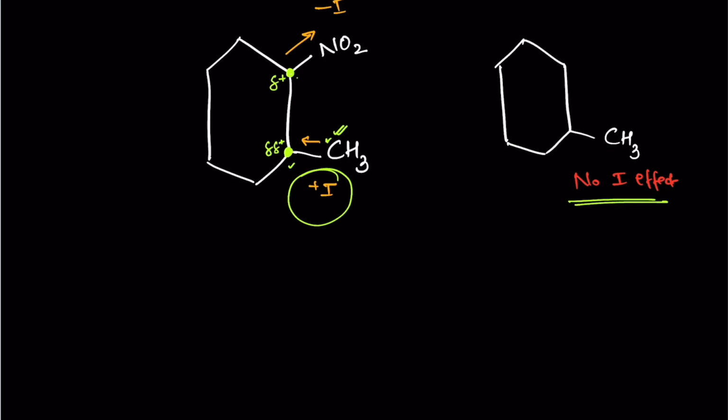But in the compound on the right, there is no partial positive charge on any of the carbons in the ring. So this is a neutral atom, and therefore this carbon has no reason to push electrons towards this carbon atom. So we do not observe any inductive effect here. So when deciding the inductive effect between carbon atoms, be careful if there is a partial positive charge or not.